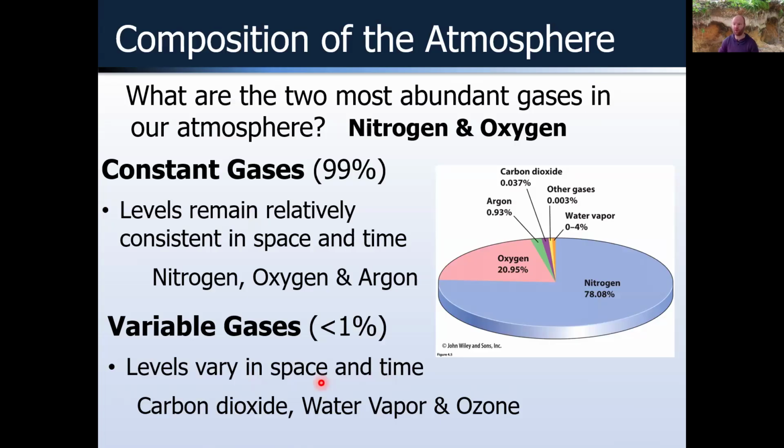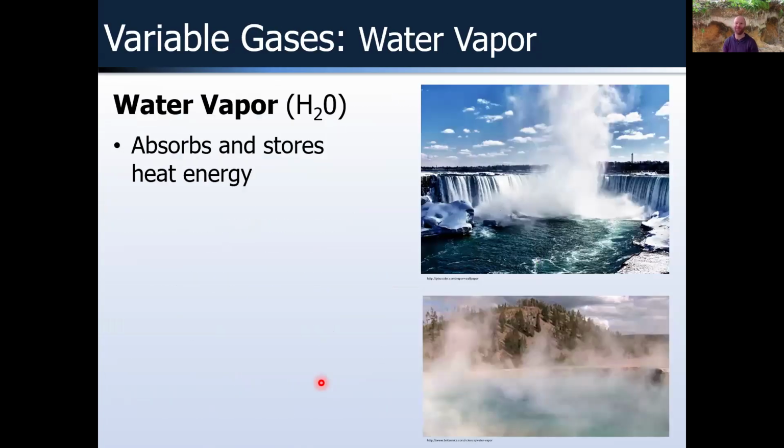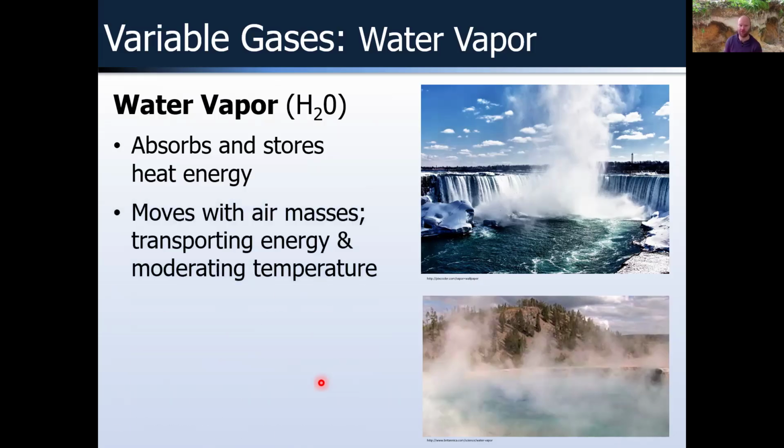So let's explore some of these variable gases a little bit here. Water vapor is an incredible absorber of heat energy. In fact, that makes it a greenhouse gas, and a potent greenhouse gas at that. Water vapor is highly variable across space and over time, and it also moves.